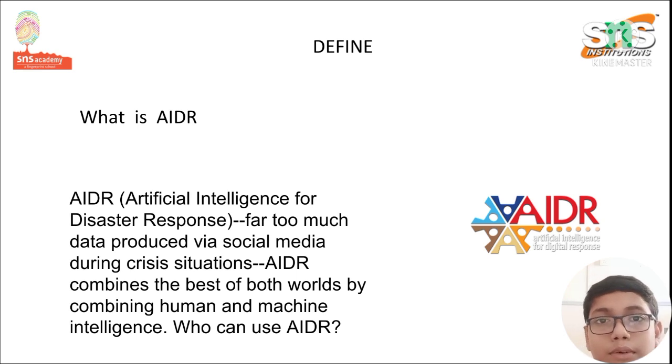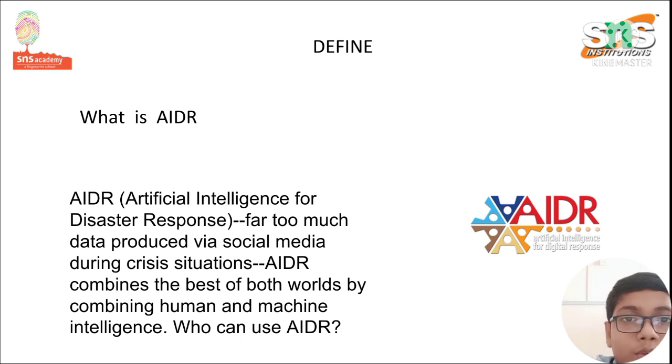Now let's see what is AIDR. AIDR is a free and open source platform that automatically classifies the tweets that are posted during a humanitarian crisis. There is far too much data produced via social media like Instagram, Facebook and Twitter.